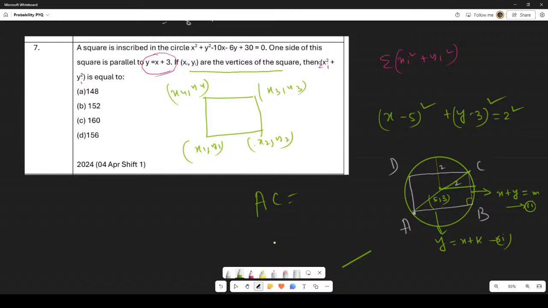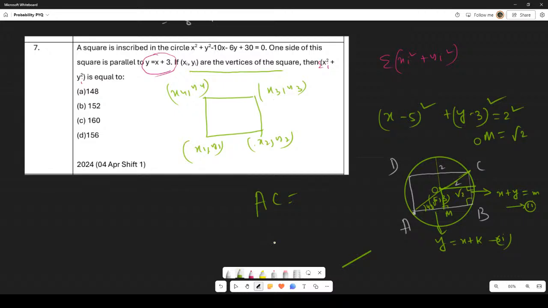The radius of the circle is 2, so the diagonal is 4. And this one? Just tell me this value. This is 45 degrees. Center to this distance, OM. OM is what? Root 2, where this is 45 degrees. OM is root 2, and this is also root 2.